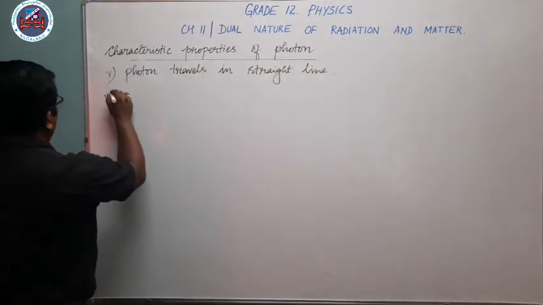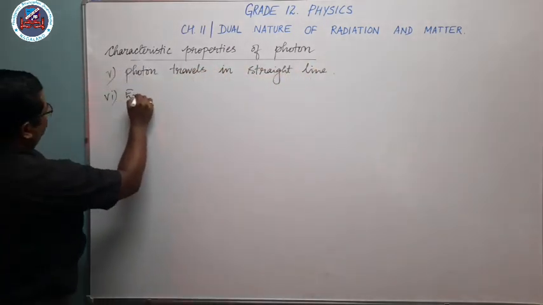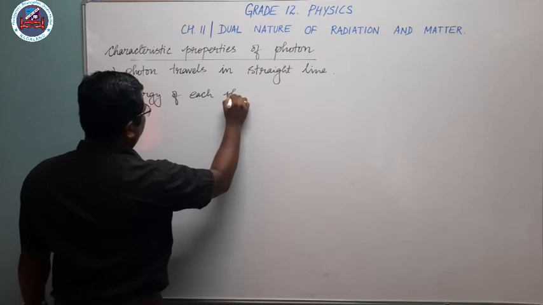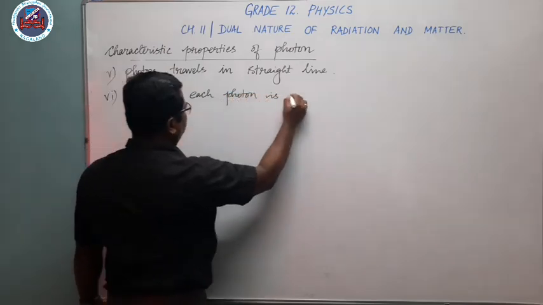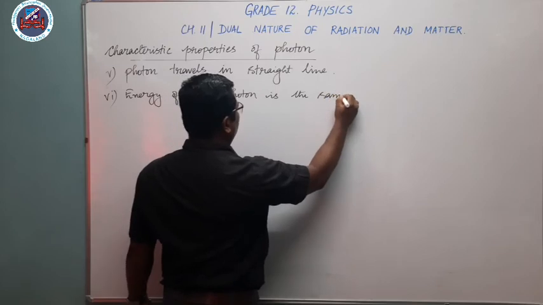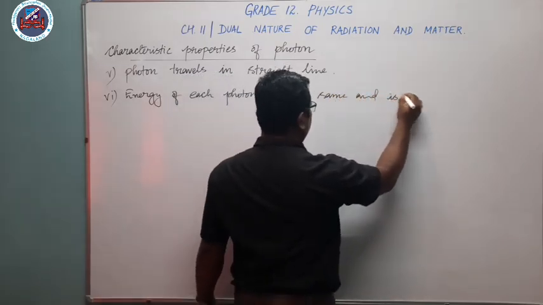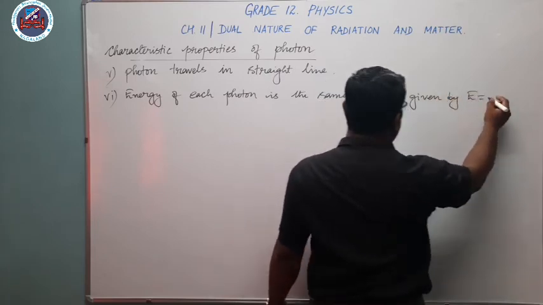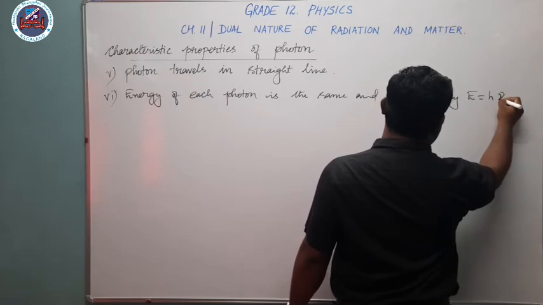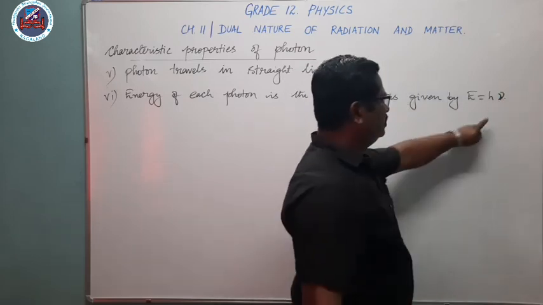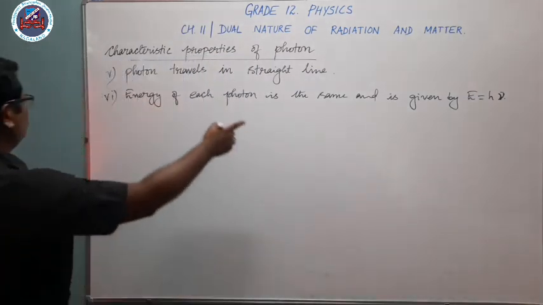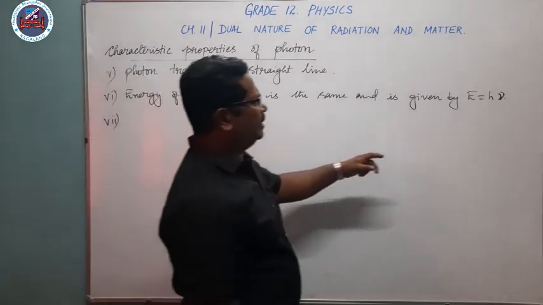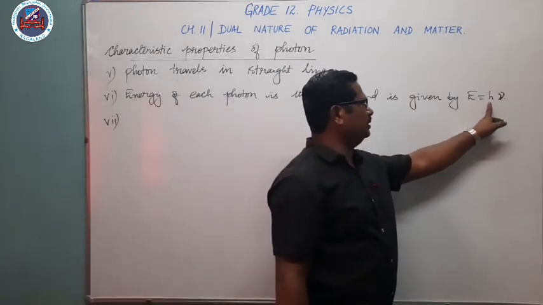Then the sixth point, energy of each photon is the same and is given by E is equal to h nu. H is Planck's constant and nu is the frequency. And from here you can say energy of a photon is directly proportional to frequency because h is constant.